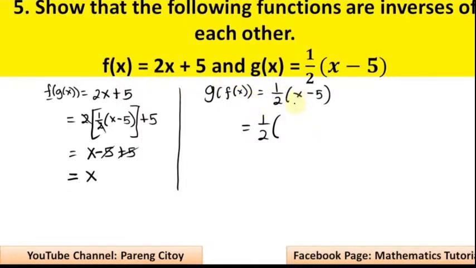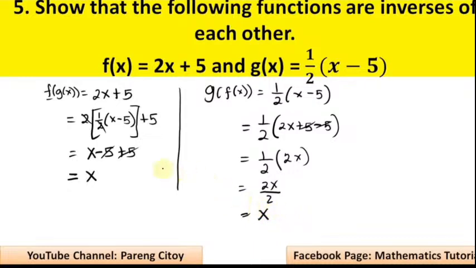So ang x dito magiging 2x plus 5 minus 5. Then simplify. 1/2 times, okay, 2x plus 5 minus 5, ito ma-eliminate, so remaining is 2x. Then 1 times 2x, that is 2x over 2. So 2x divided by 2, so that is x.